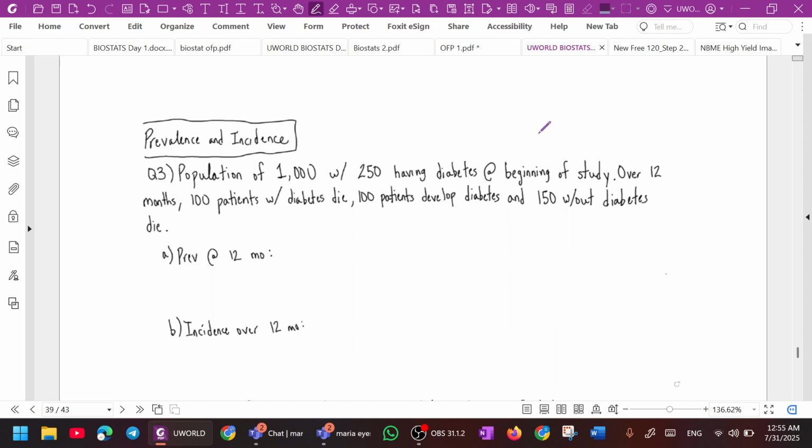And prevalence is the number of all existing cases divided by the total number, 250 by 1000. Am I right? You said 250 by 1000.